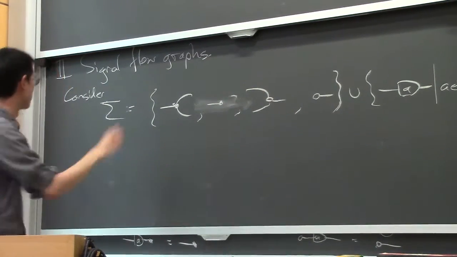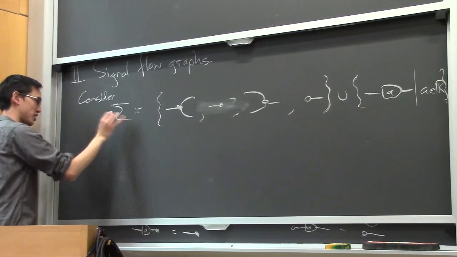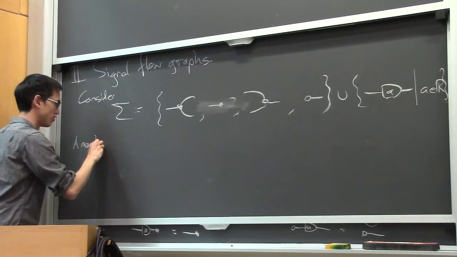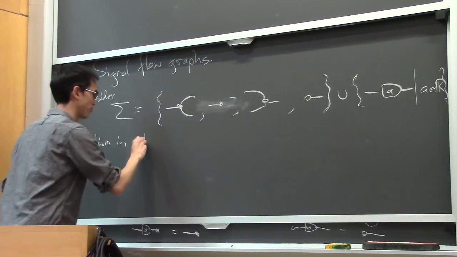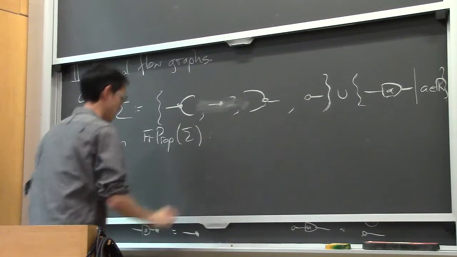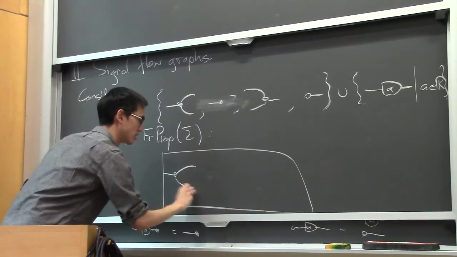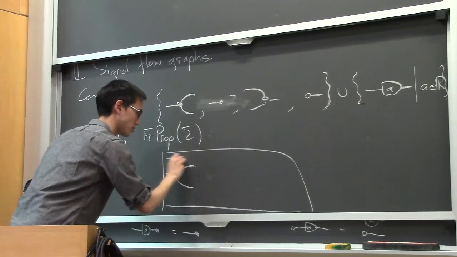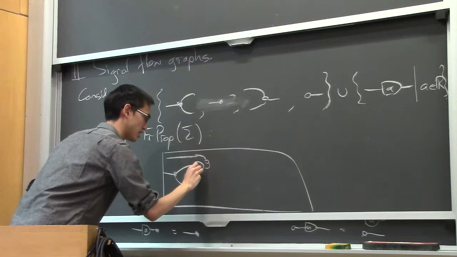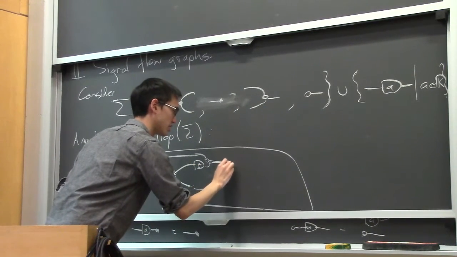Okay, so what is a free prop? What is a morphism in the free prop on sigma? A morphism in the free prop on sigma looks like this. Add things, scale things, throw things out.